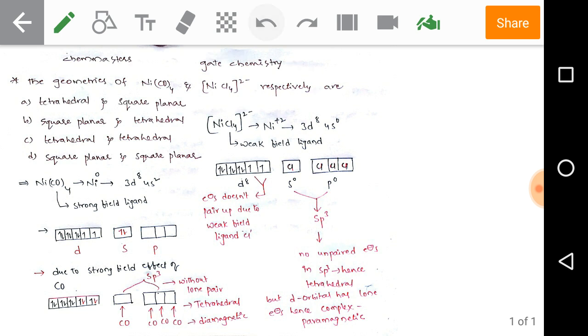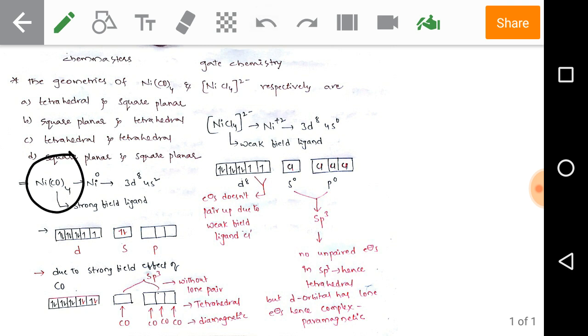We need to find the correct geometries of nickel tetracarbonyl and tetrachloronickelate. The options are tetrahedral and square planar, tetrahedral and tetrahedral, square planar and square planar. First consider nickel tetracarbonyl.